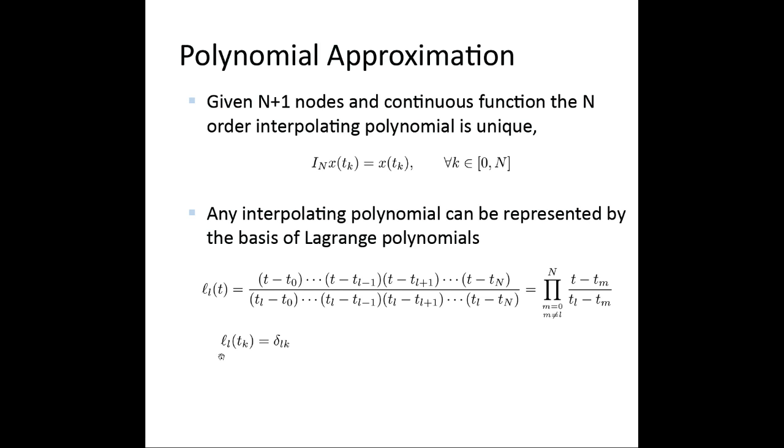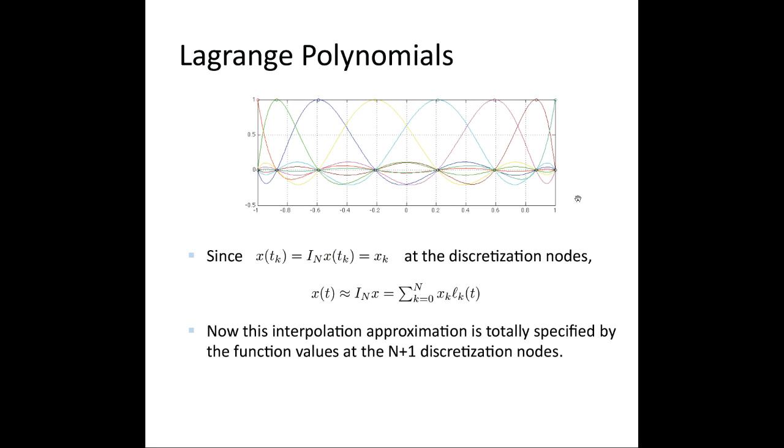The specific property of Lagrange polynomials is that the value of the lth Lagrange polynomial at the kth interpolating point is the delta function, so it's 1 if l equals k and 0 otherwise. So this is what the Lagrange polynomials look like.